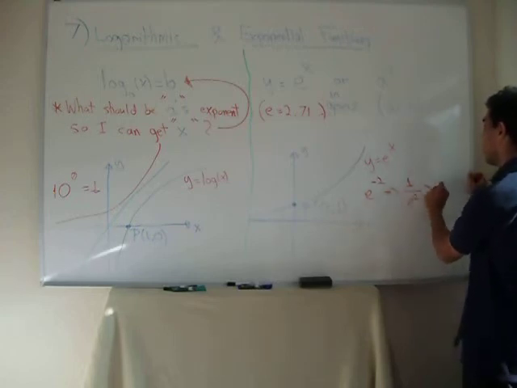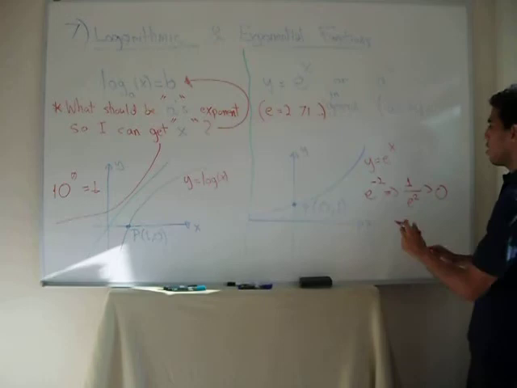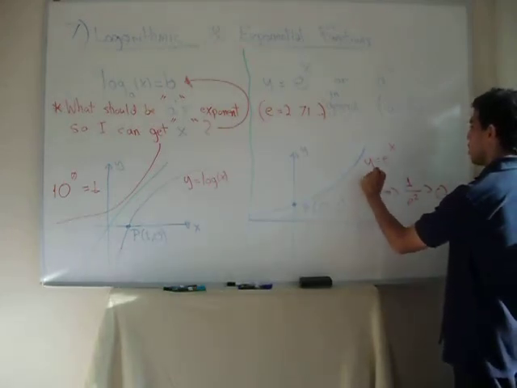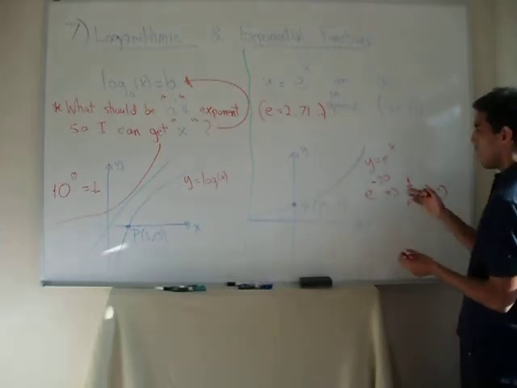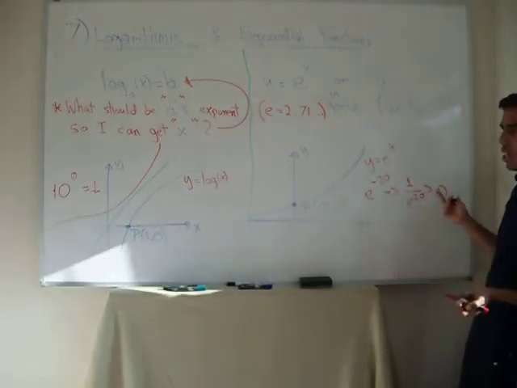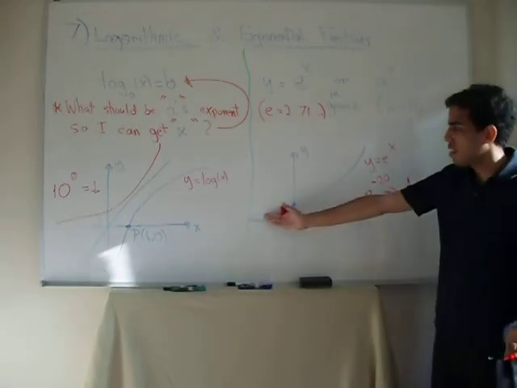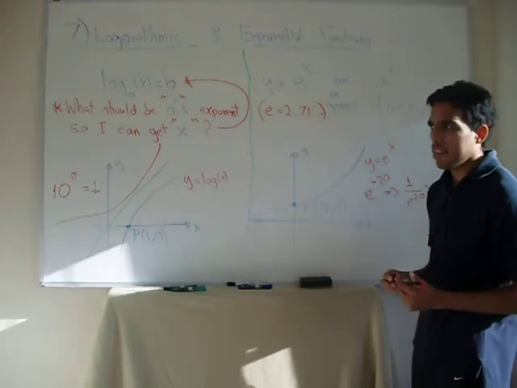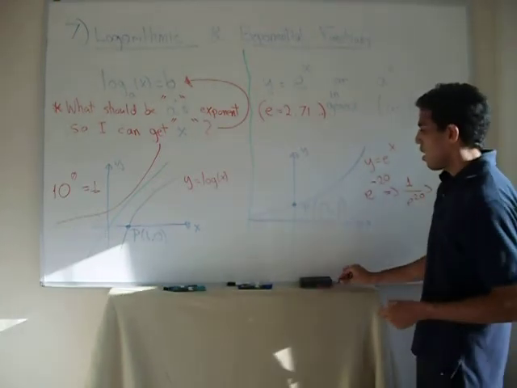This is still a positive number. So you're going to have here e to the -20, and all this is just 1 over e to the 20. It's still a positive number, hence it's always on the positive side of the y-axis. So that's pretty much it.